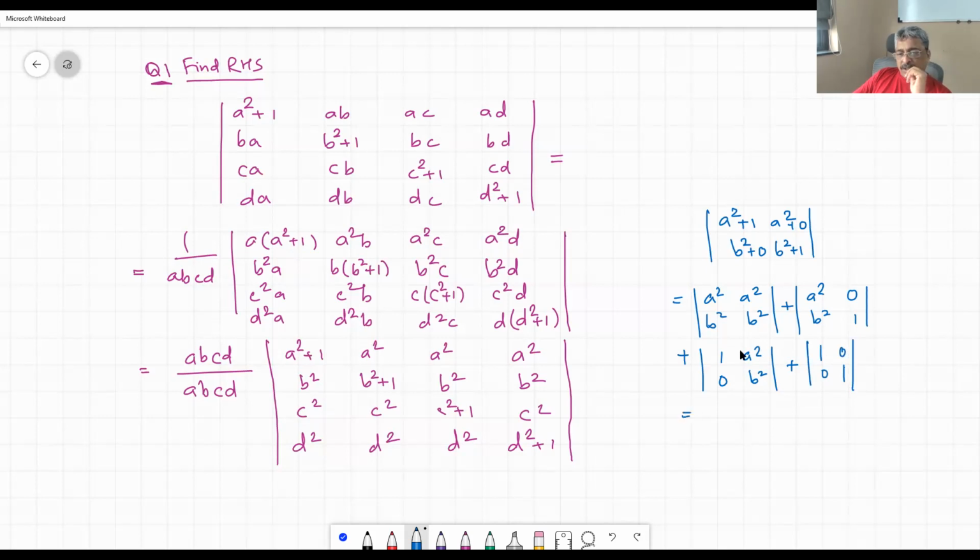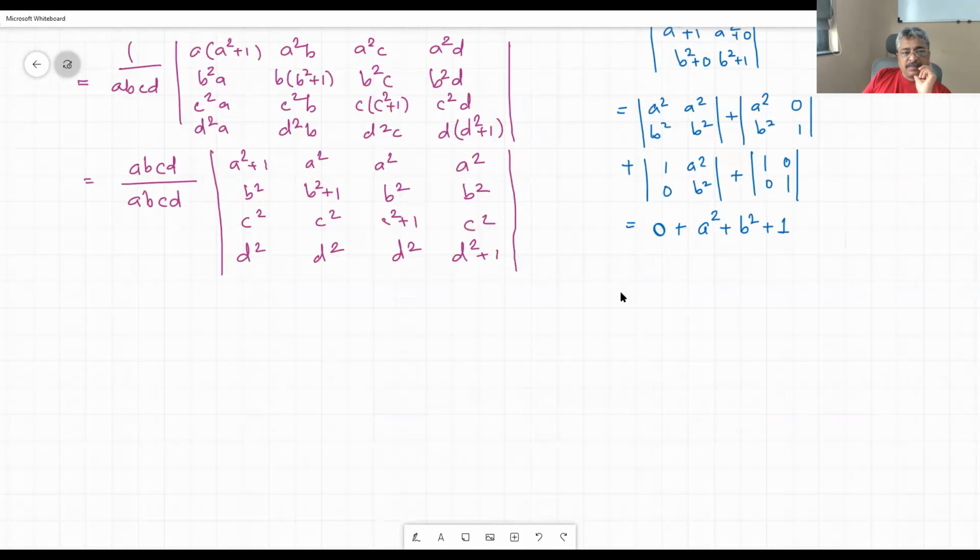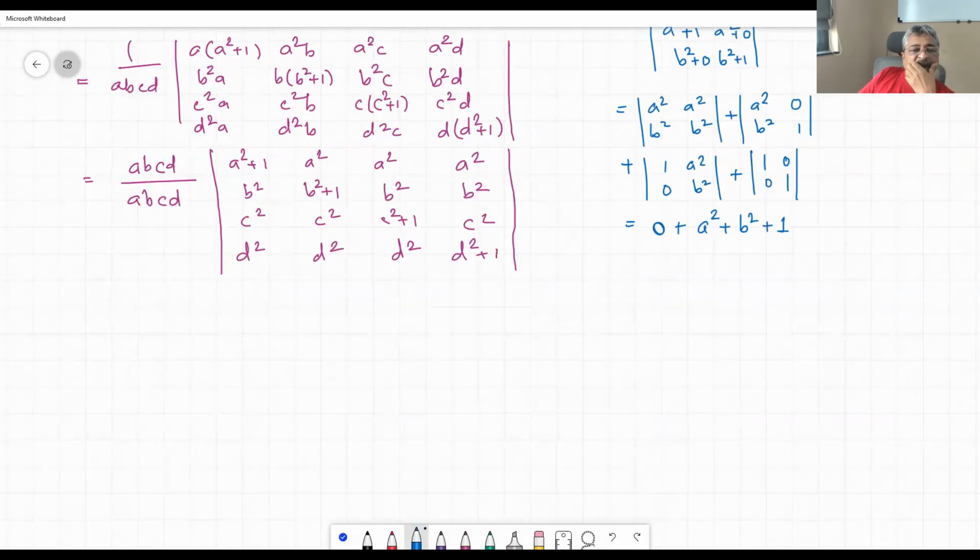You will observe that the first determinant is A square B square minus A square B square, which is 0. The second determinant is A square. The third determinant is B square. The fourth determinant is 1. So whenever you happen to have something like this, you are getting this. Maybe you can directly conclude, or try 4 by 4, 3 by 3 or something like that.